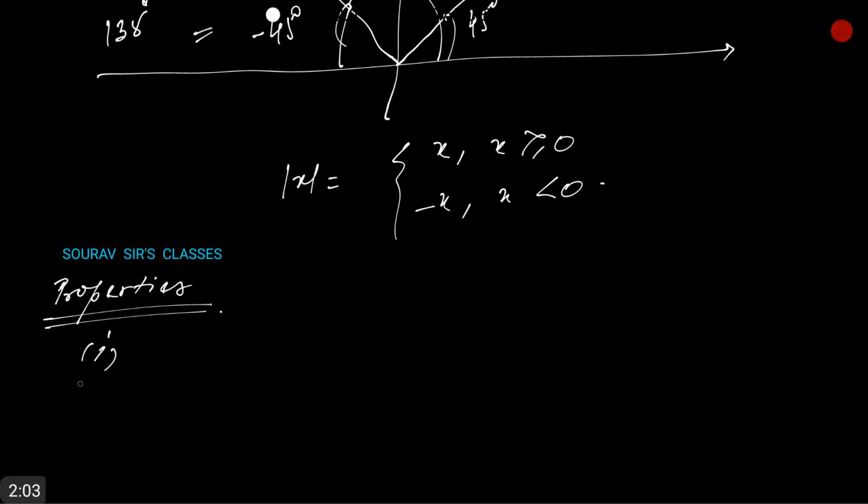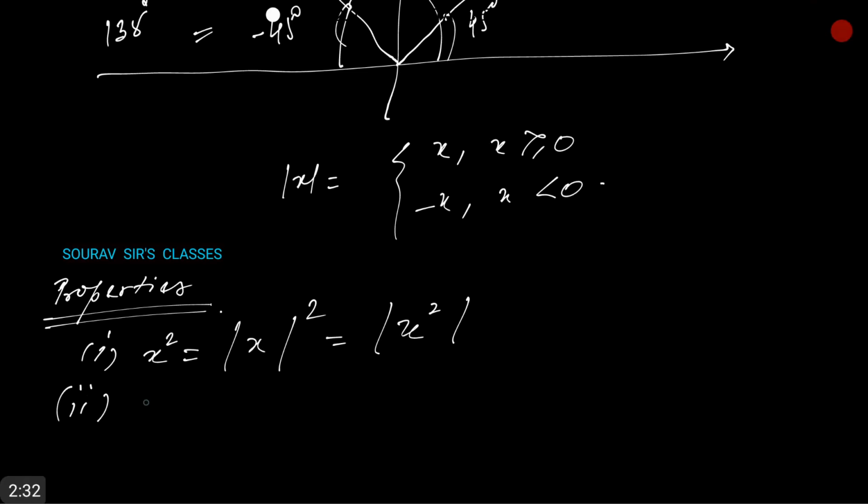And the thing is, I don't think there are many websites on the internet that have such a huge collection of properties. So property number 1, we'll see that x squared is equal to modulus of x whole squared, which is equal to modulus of x squared.